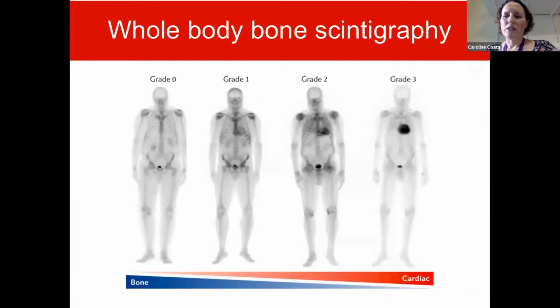Nuclear imaging is quite a commonly performed procedure, and a simple bone tracer and a simple grading system allows us to compare uptake of this within the heart and the bones. And this allows us to grade the amount of cardiac amyloidosis present. Now, this has been really useful for trialing treatments and for monitoring disease.